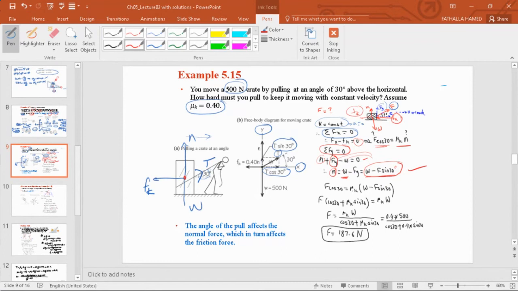Now, we said that the F cosine 30 is equal to the mu k times the normal force. So F cosine 30 equals mu k times the normal force. In this case, it's the weight minus F sine 30. Now we can rearrange this equation by multiplying the mu k and taking this to the other side, and you can take F as a common factor.